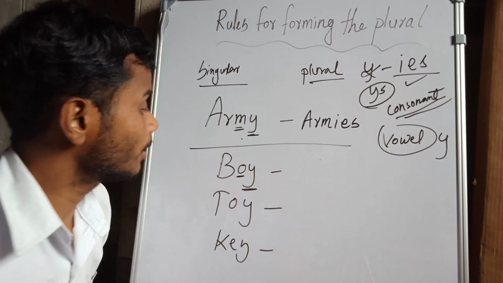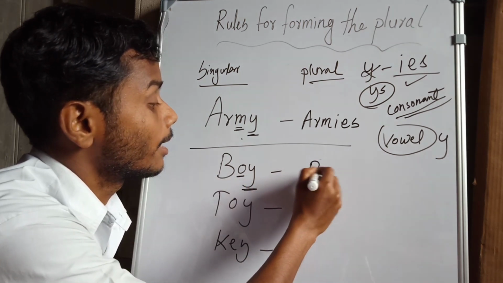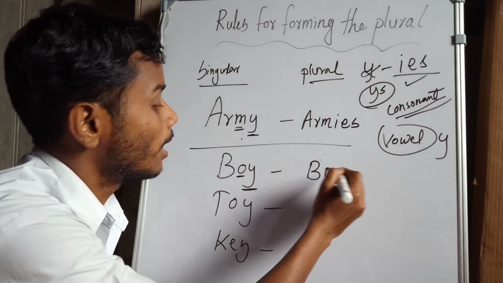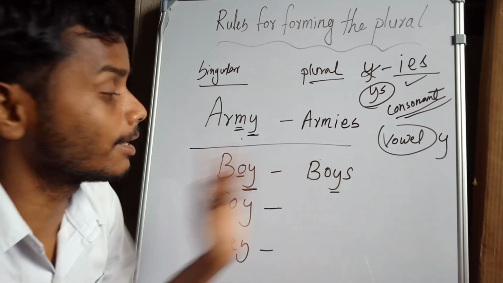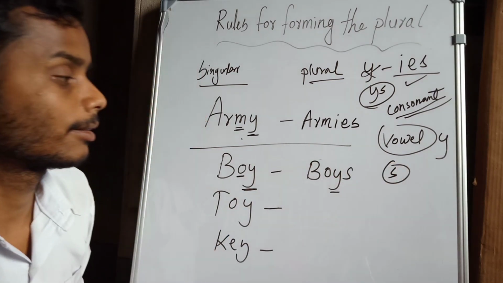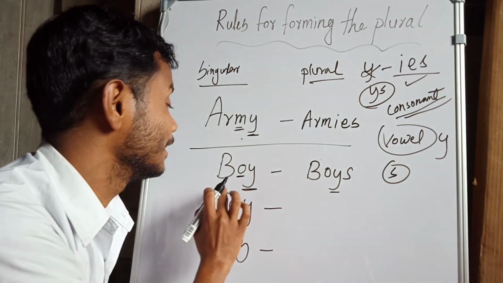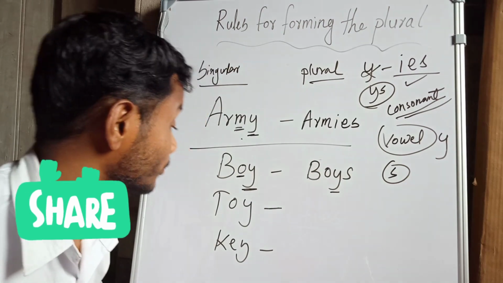So vowel is there. What you have to do? You have to write simply B-O-Y-S. You do not remove Y, just add S. Very important, just adding S, then this singular noun will become a plural.